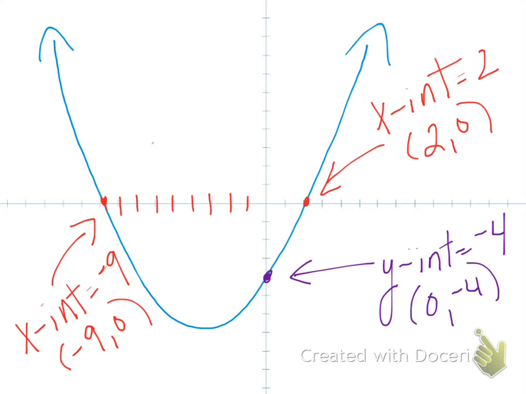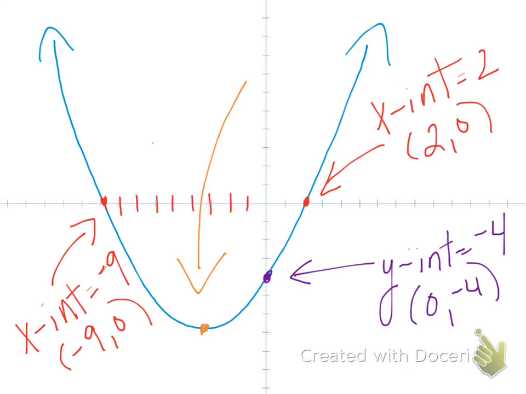The vertex of the curve is your minimum point, the point at which the graph can get no lower. It is the minimum when it's opening up. It would be the maximum if it was curving downward. So in this case, let's call that point my vertex.